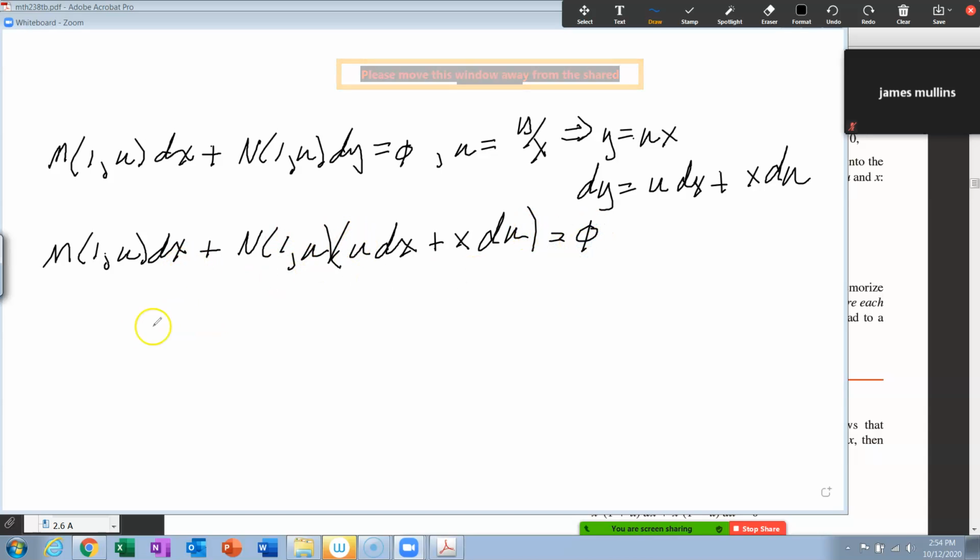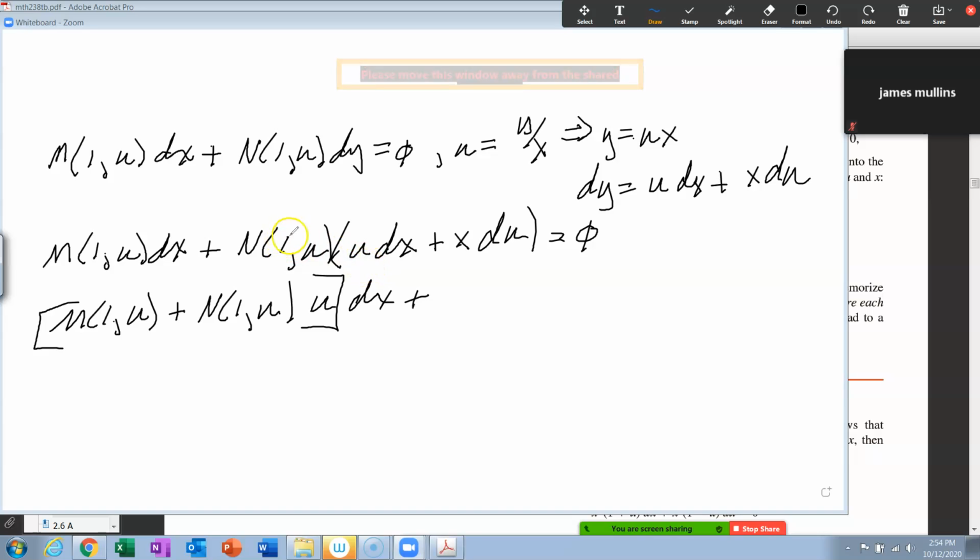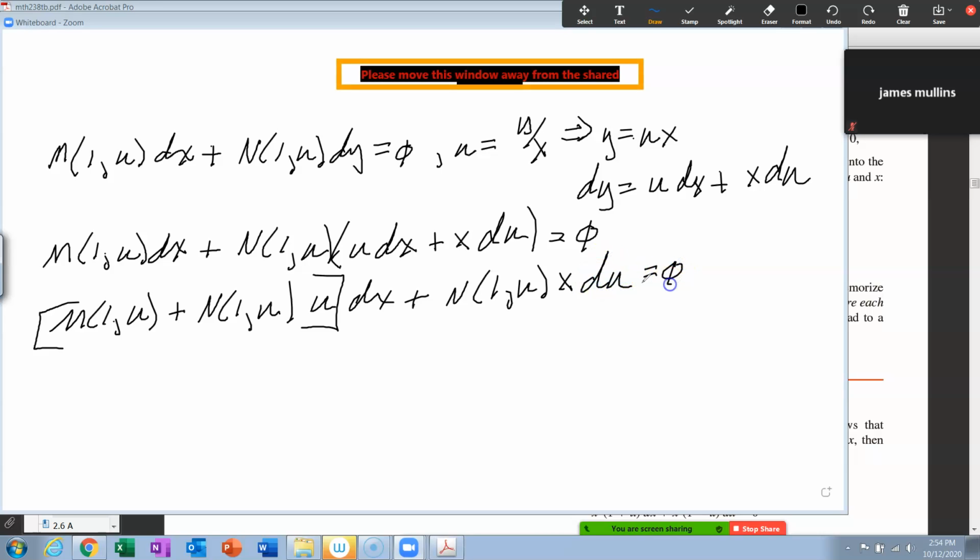Okay, let's get all our dx's together here. Here's m of 1, u, plus n of 1, u times u, dx, plus, that's this term and that term, plus n of 1, u times x du is equal to 0.